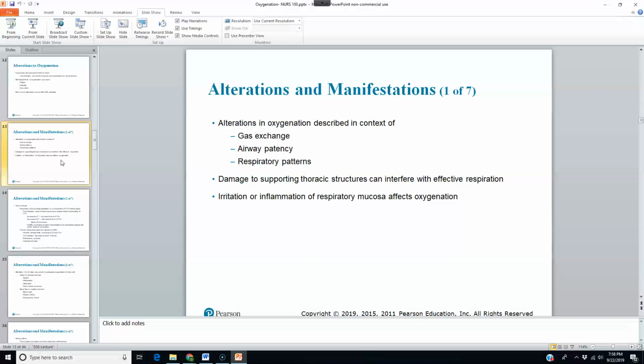I think too, looking at some of the terms with some of the structures that may be damaged.